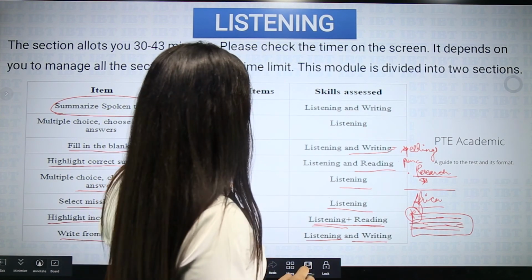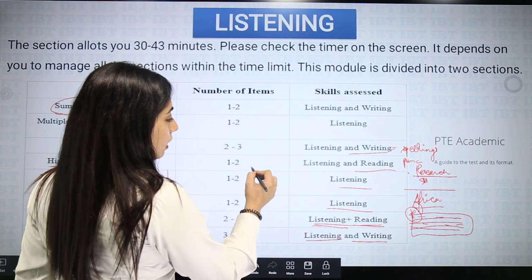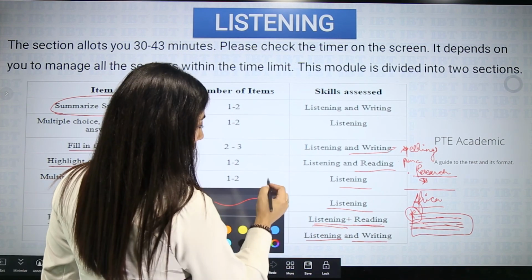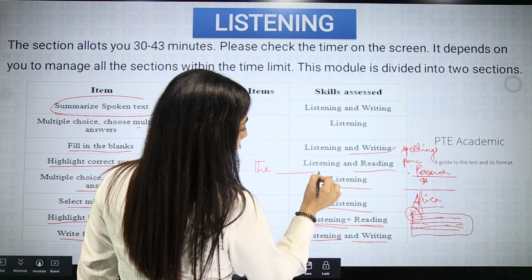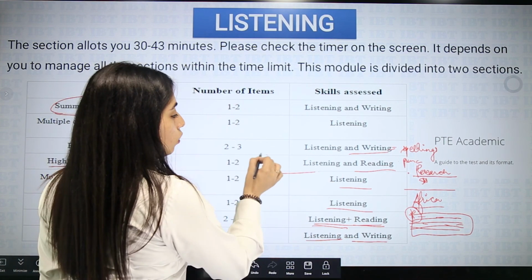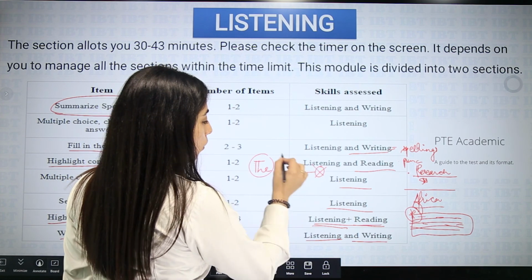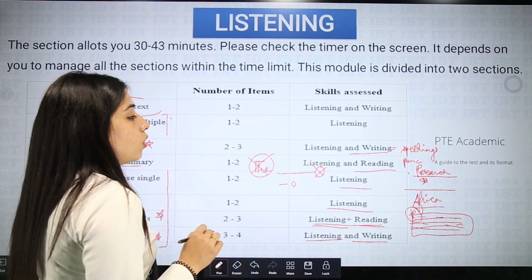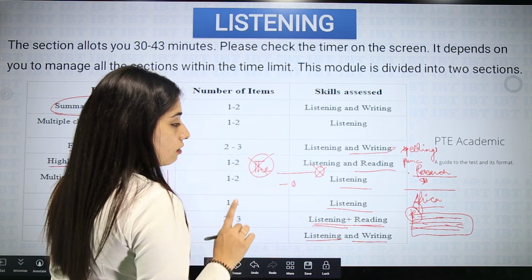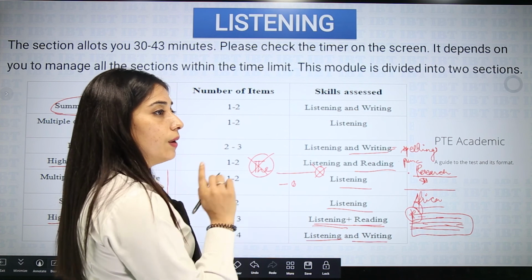But इसमें condition क्या है, that the first letter of the word should be capital, followed by a full stop at the end. अगर दोनों में से कोई भी condition meet नहीं हो रही है, you will end up getting 0, right? So make sure कि आपने concentration के साथ उस content को सुना है and then you are writing it down.